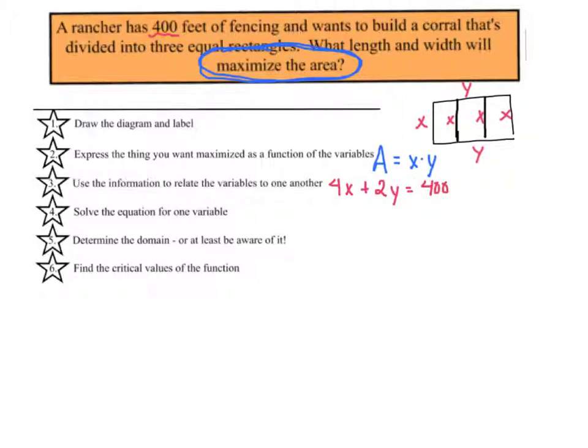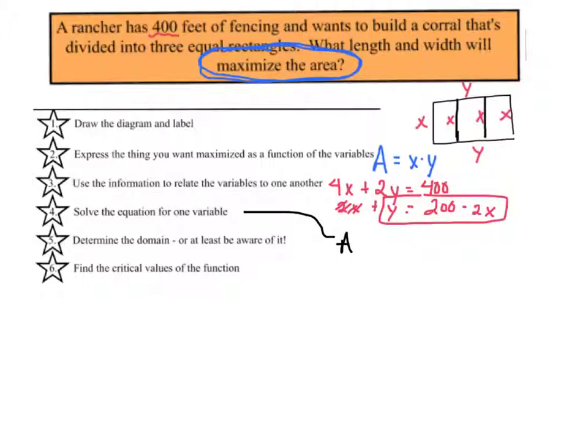Now, I'm always looking to make this simple. So I'm going to divide everything by 2. And then, again, you could solve for either variable, but I think it would be easiest in our case to just subtract 2x and have this. Now, the 4th step says, okay, now go back to your equation and put it in terms of one variable.